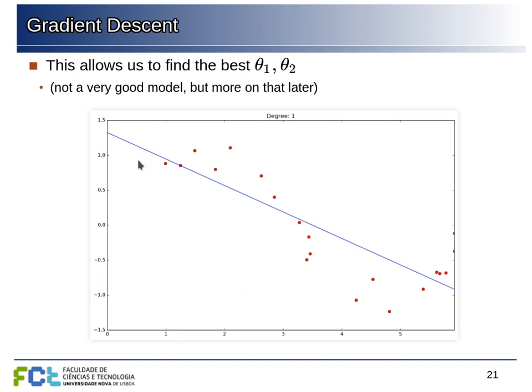Okay, this is not a very good model, a linear model, but we're going to see a bit more about machine learning and supervised learning, regression, and so on in a few lectures. And we're going to see another example of this approach using gradient descent. But this gives us an idea of how gradient descent works. So basically, we use the derivatives of the cost function in order to find the minimum of that cost function.